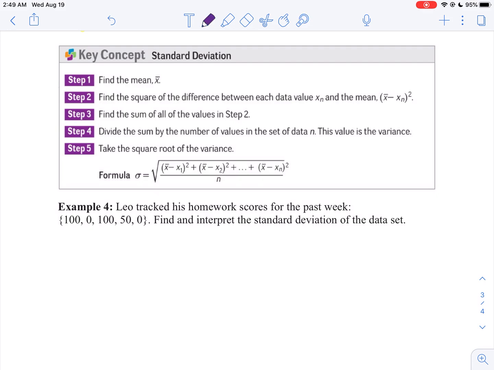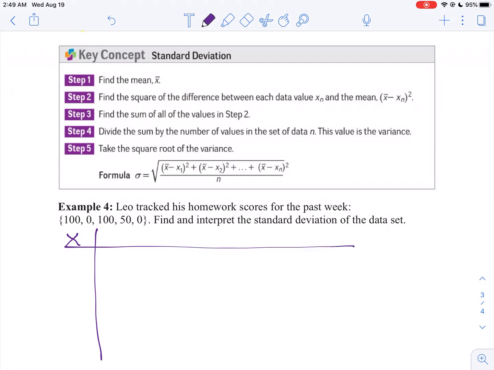It says Leo tracked his homework scores for the past week: 100, 0, 150, 0. Well, just by inspection, I can see his average score was 50. Is that representative of what he knew or what he did? So I'm going to write down my values in a table.